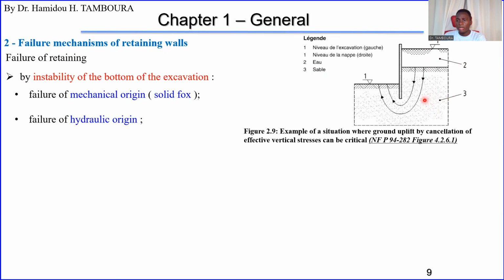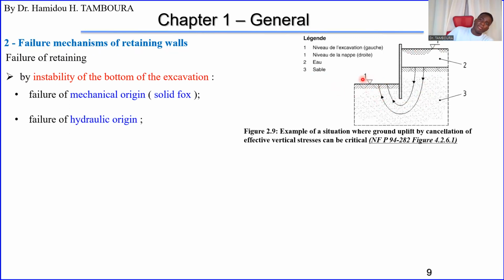Number three is sand. So as you know, in the soil mechanics class, water will come here from the top, because here the head is too high. So water will flow from here to here, like this.